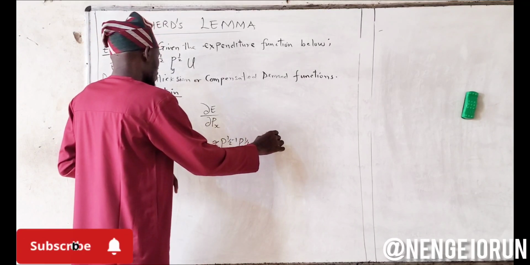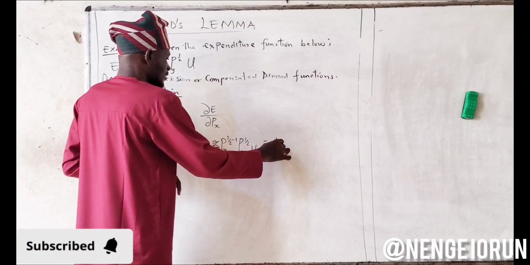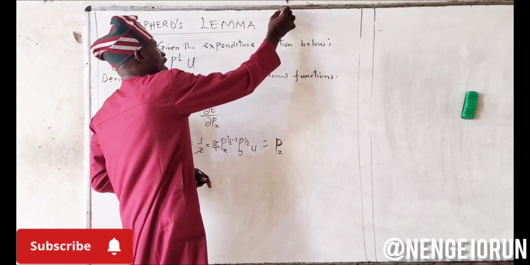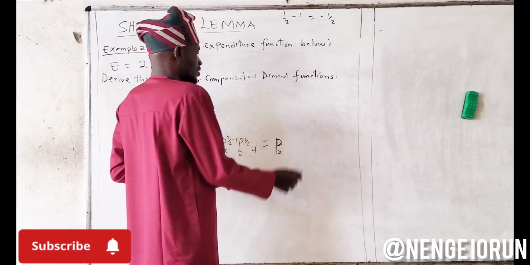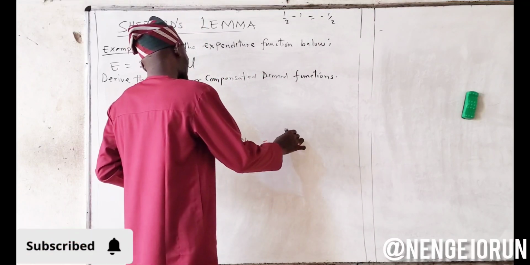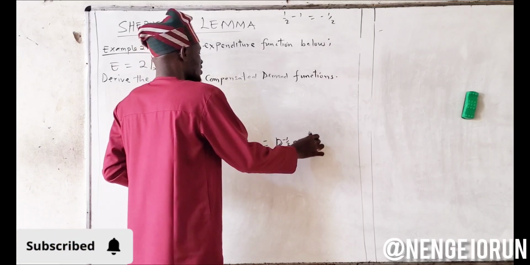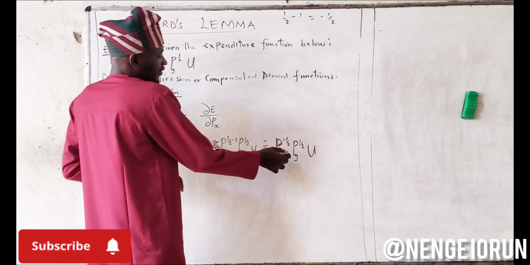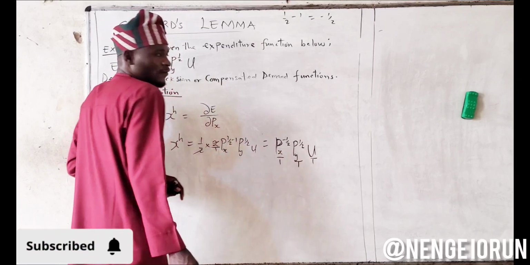You have Px raised to half minus 1. Half minus 1 is minus half. You have minus half. Then you have Py raised to the power of half, u. This is over 1, for clarity.